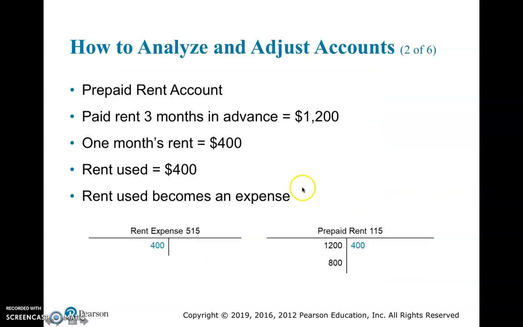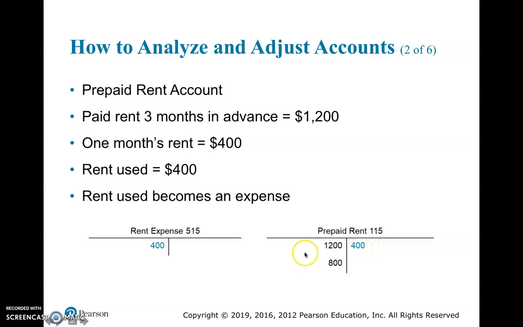The next adjusting entry example that I have here is for prepaid rent. At the beginning of the period, we have paid 3 months worth of rent in advance, and once 1 month of it expires at the end of the first month, then we need to show it as rent expense by debiting rent expense and reducing the prepaid rent account by the $400.